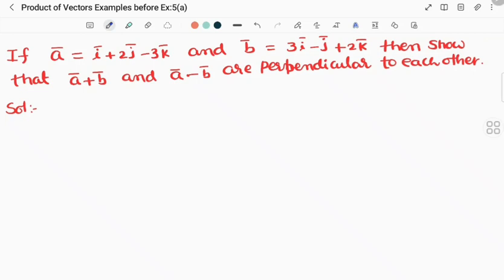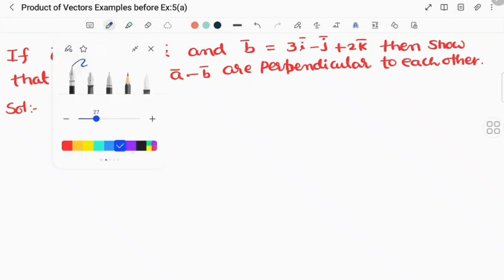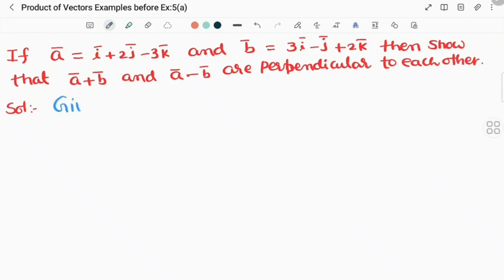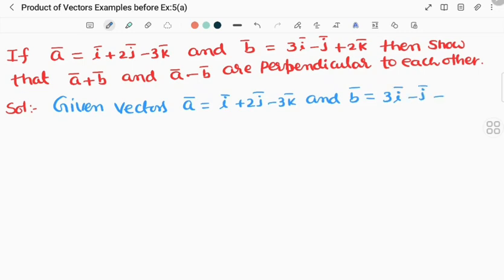That's what. So first step is given vectors: a bar equal to i plus 2j minus 3k and b bar equal to 3i minus j plus 2k.